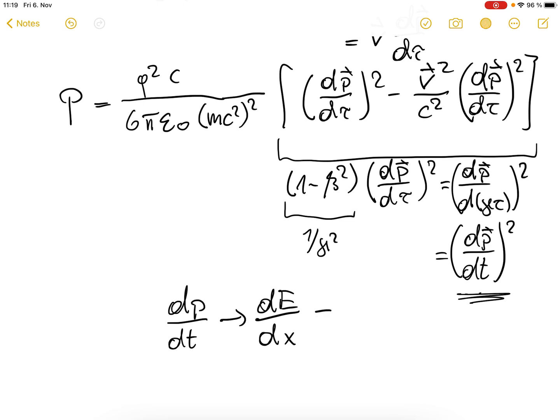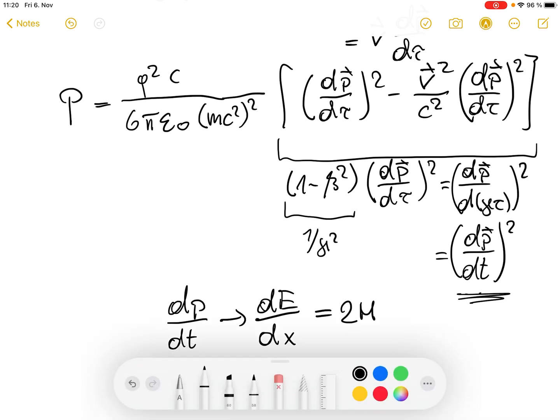And typical gradients that we find are 25 MeV per meter.